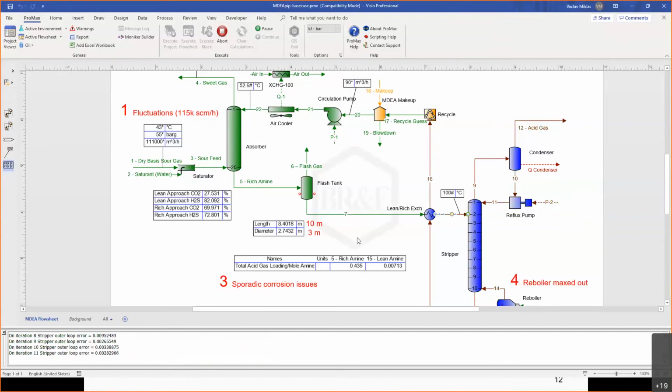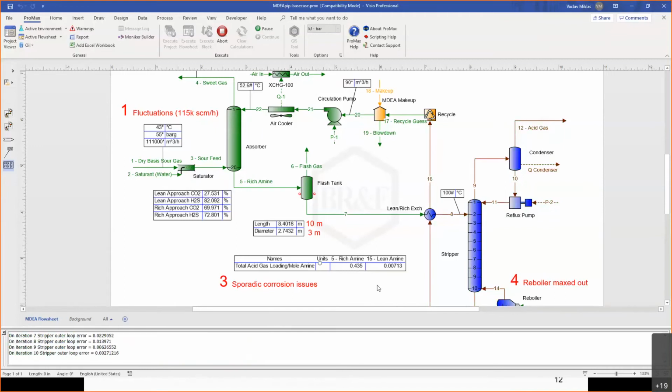And the way you can get an idea about the risk of corrosion in ProMax is to take a look at rich loading, because rich loading is something that there are recommendations for. And if you compare the actual value with the recommendation, you can see if you are at risk.